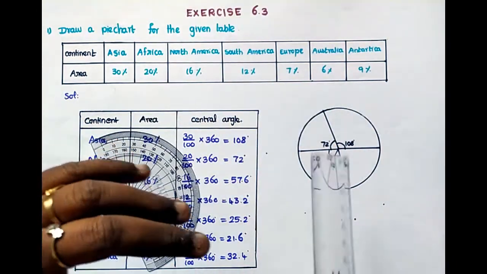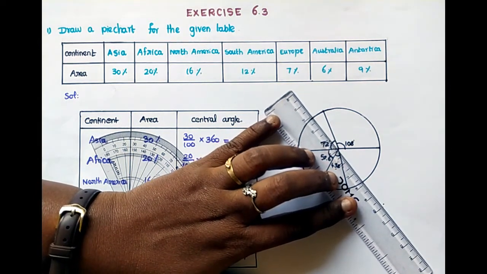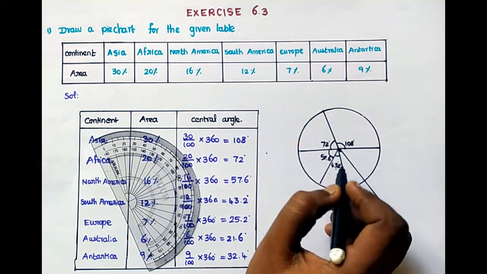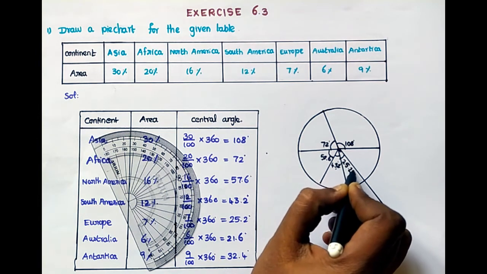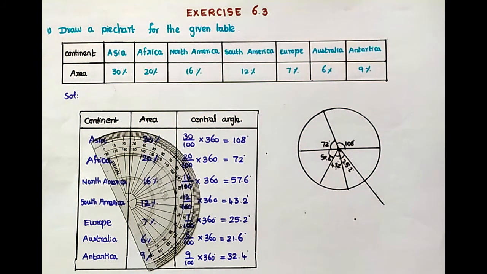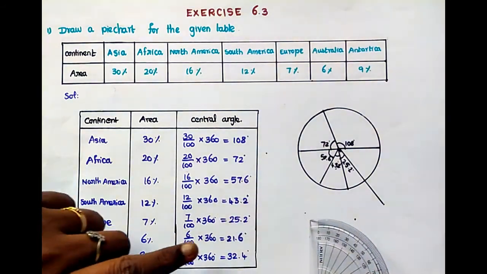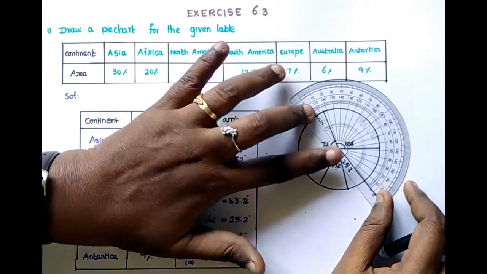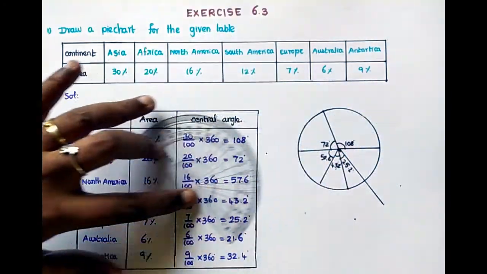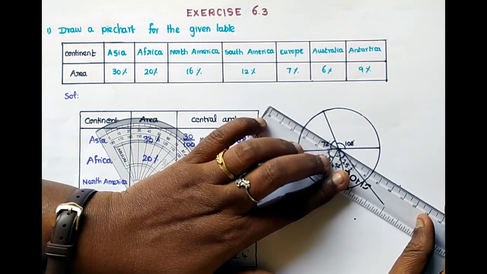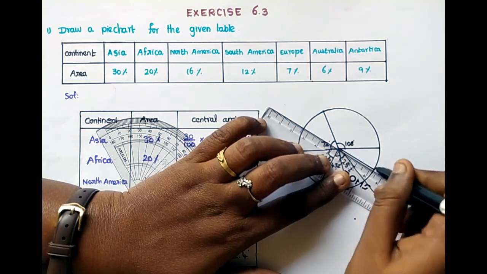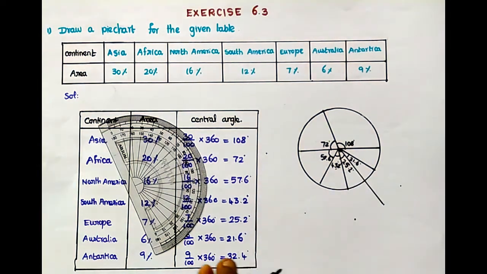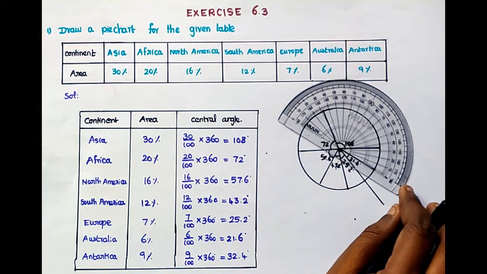Here. Next one 21.6. Here. Next one 32.4. Here 32.4.